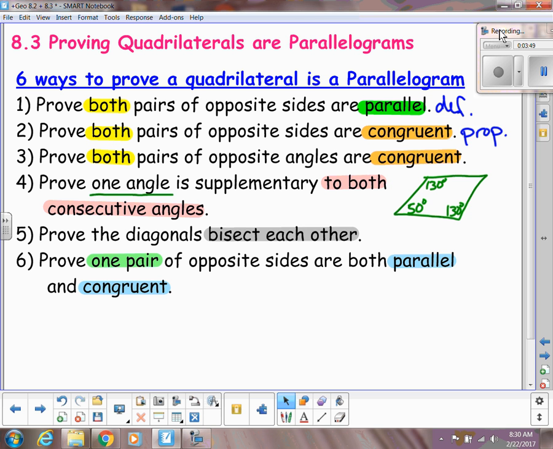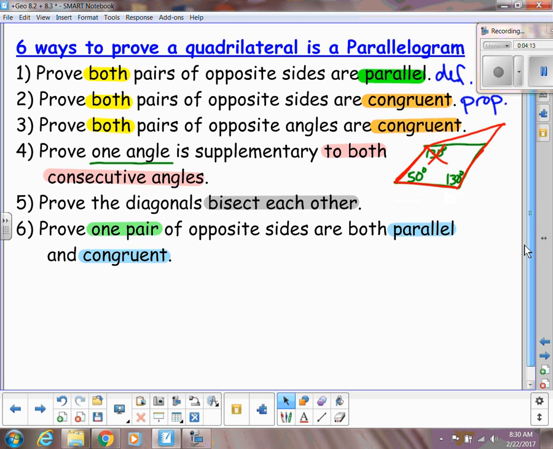I don't want to just be restricted to one of them. Let's say I didn't know that one. If I just know that one, then all I know is that these sides are parallel, and then I don't know that this side is. Okay, that side could go like that, and then I don't know it's a parallelogram. So be very careful with that. Make sure you show that it's supplementary to both consecutive angles.